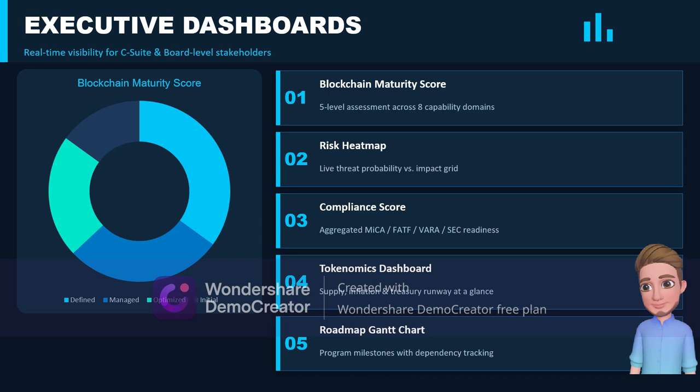The blockchain maturity scoring model follows a structured five level framework so you can benchmark where you are and build a credible roadmap forward. The risk heat map surfaces threats before they become incidents, and the Gantt-based roadmap keeps program delivery in full view. These aren't prototypes, these are production ready tools that your team can use from day one.